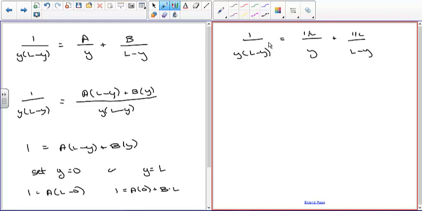So that's the whole idea. The whole idea of partial fractions is to take this product of linear terms in the denominator and break it up into two separate expressions. Okay, so we'll continue on this on Thursday.